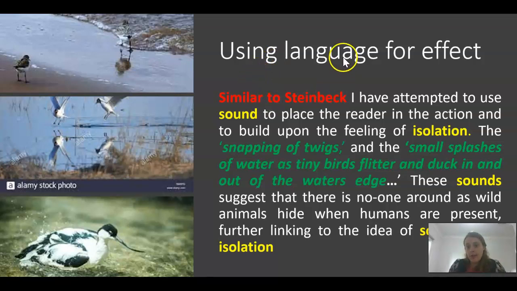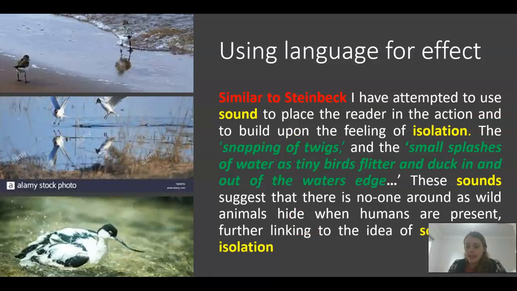Similar to Steinbeck, I have attempted to use sound to place the reader in the action and to build upon the feeling of isolation. The snapping of twigs and the small splashes of water as tiny birds flitter and duck in and out of the water's edge. These sounds suggest that there is no one around as wild animals hide when humans are present, further linking to the idea of solitude and isolation.